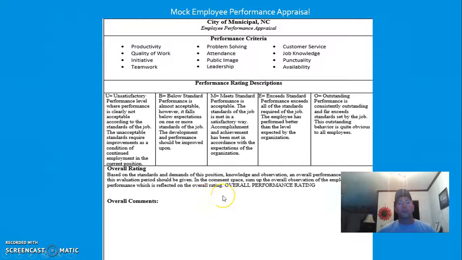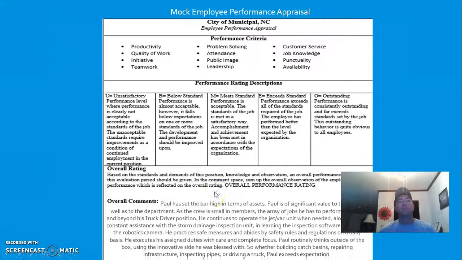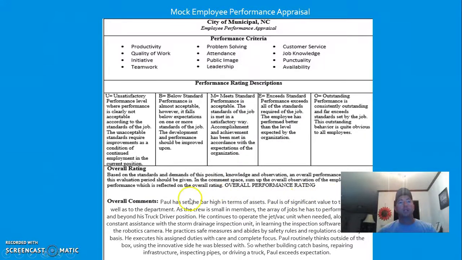In the first page we saw that he received an E, so this is where the first page will reflect the overall rating. So he did receive an E, and these are the comments on why he, as an employee, received that overall employee performance rating, to back up the overall rating.